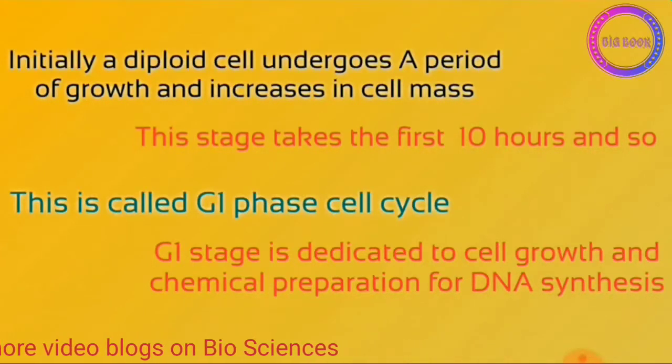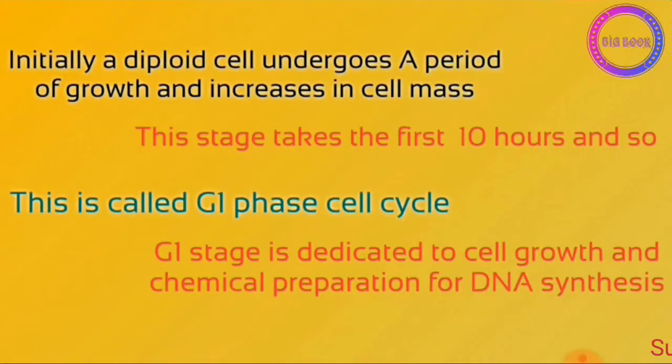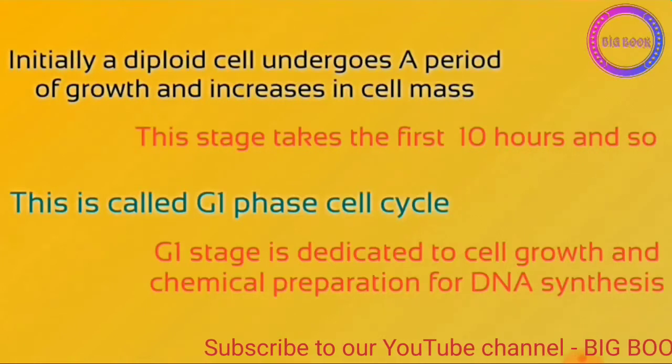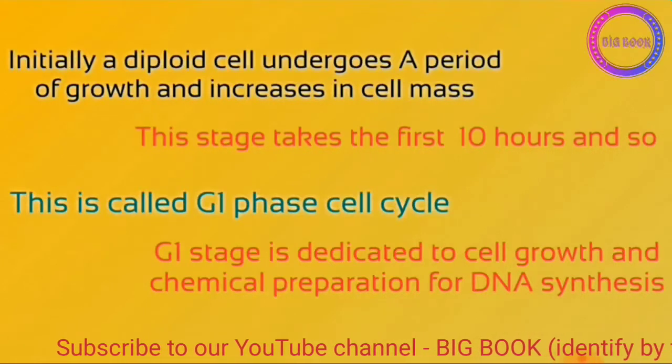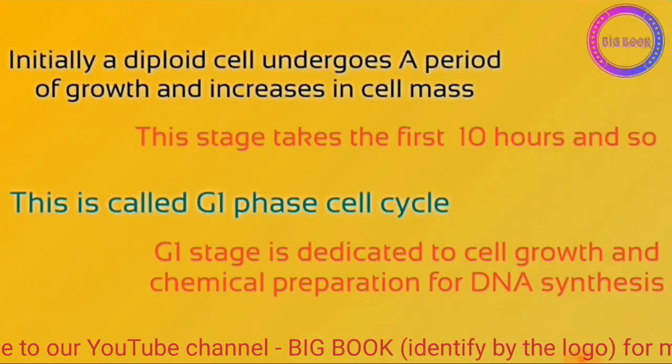The G1 stage is dedicated to cell growth and chemical preparation for DNA synthesis. So during the increase of the cell mass, the phase described as the G1 phase is quite a long phase, approximately 10 hours.